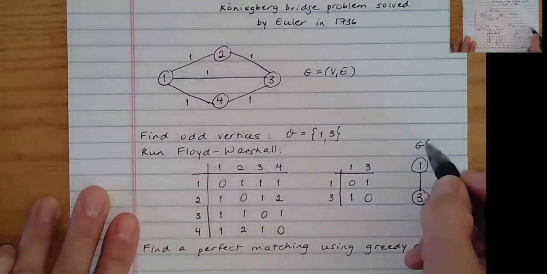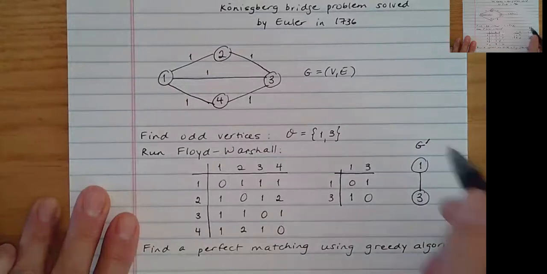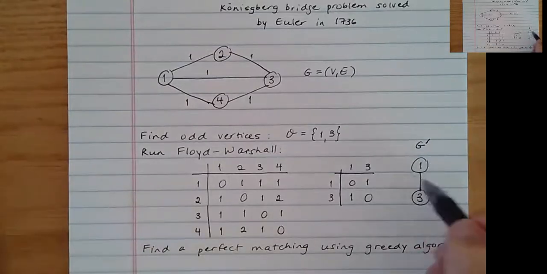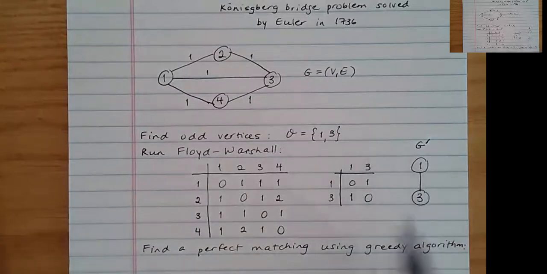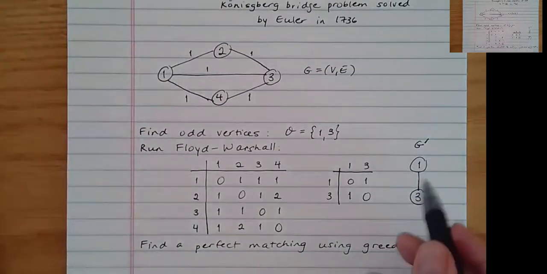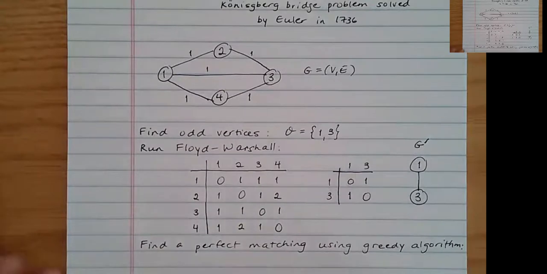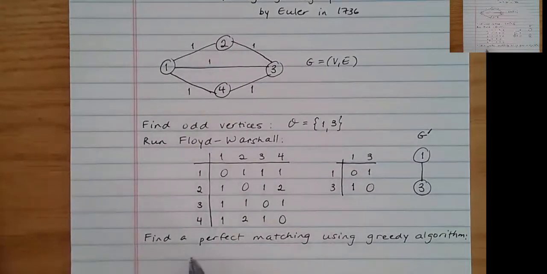So I'm going to call this graph G prime. And so in fact, I'm looking for a matching in G prime. Well, G prime only has one edge. So when I select it, I'm actually done. So in this case, my perfect matching is just the edge 1, 3.